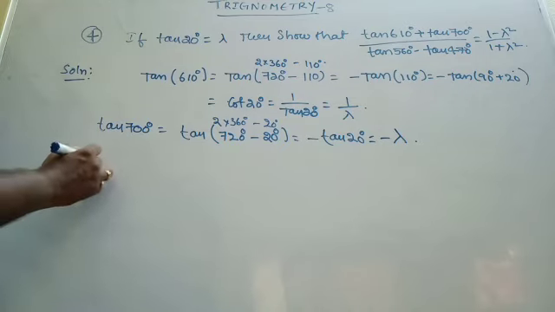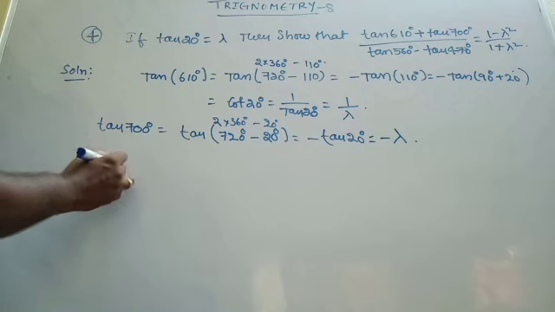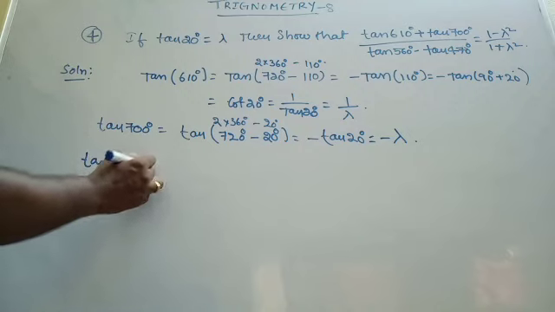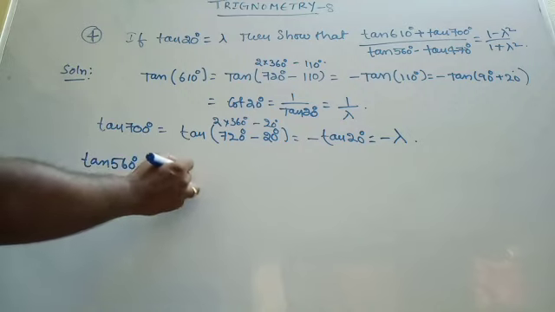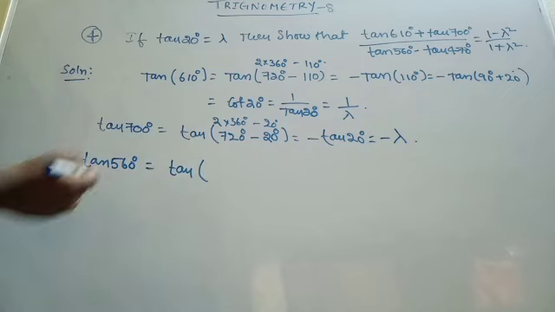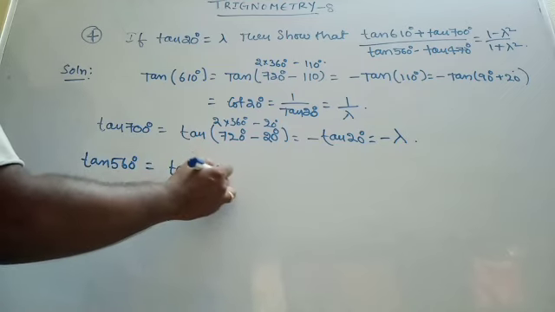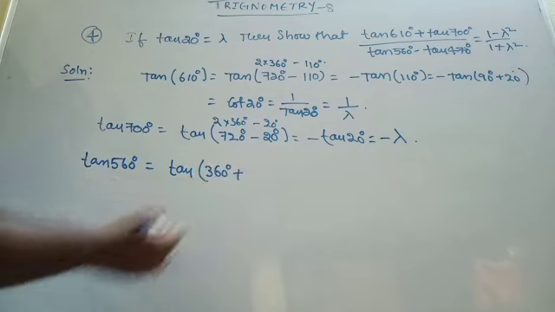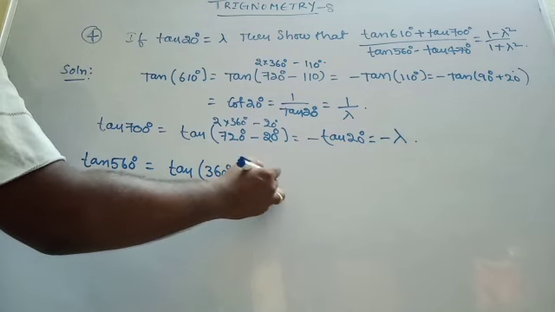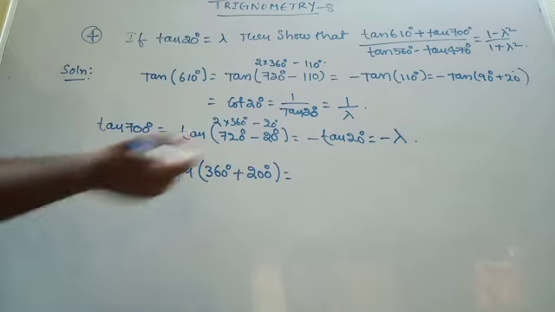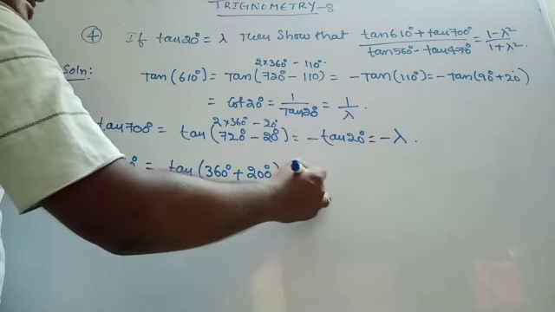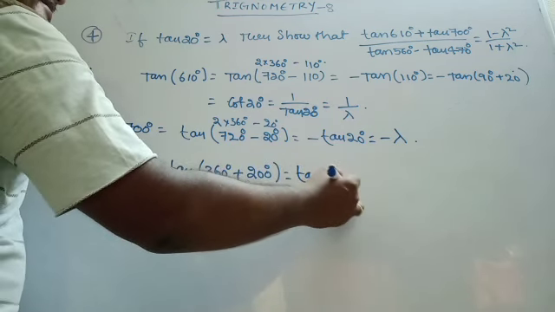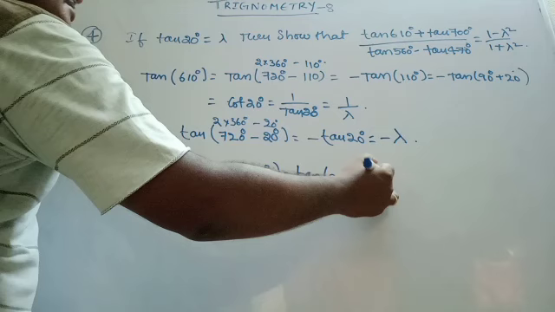Next, in the same fashion, let us do tan 560 degrees. We can write 560 degrees as 360 degrees plus 200 degrees. Tan of 360 plus theta is nothing but tan theta, that's why we have tan 200 degrees.